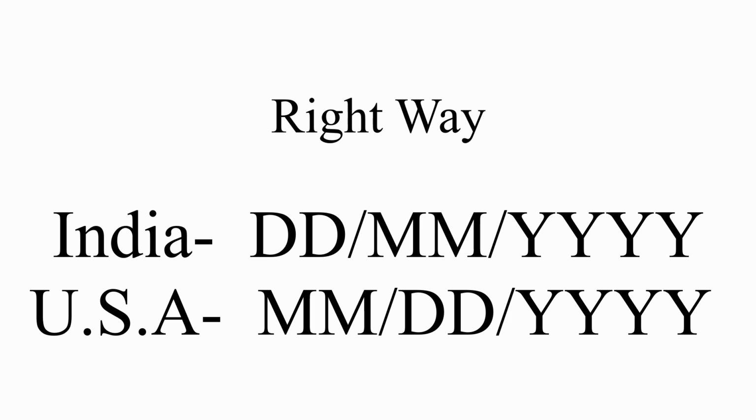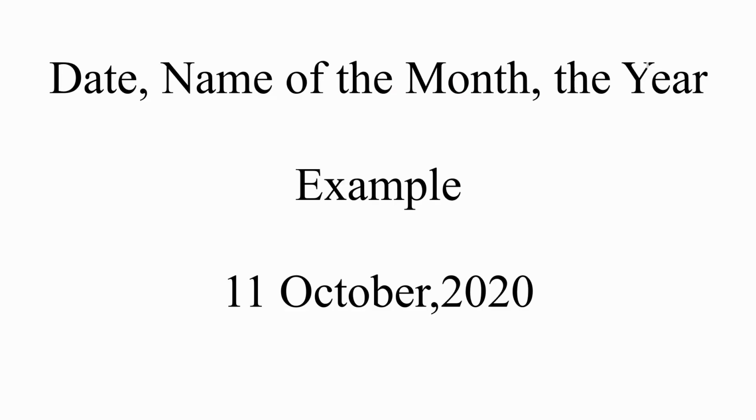So in order to avoid any kind of misunderstanding, it's better to write in words like today is XX, TH or ST, whatever superscript we want to add, plus the name of the month, comma, and XXXX, the year. So that's how it will look. And this is how we have to write. Now this will be pretty clear.